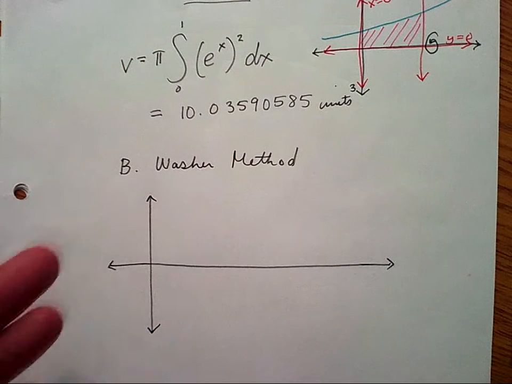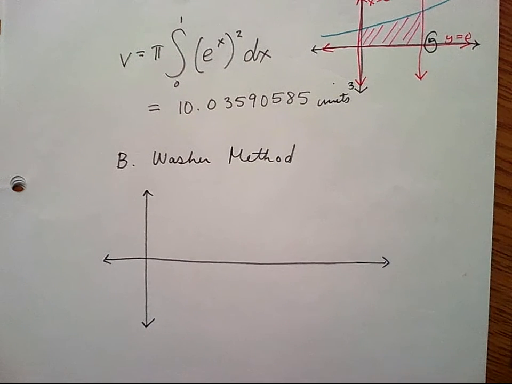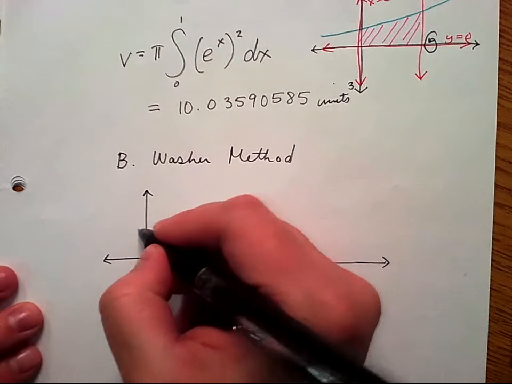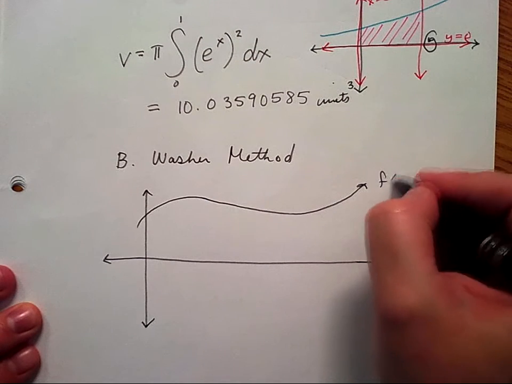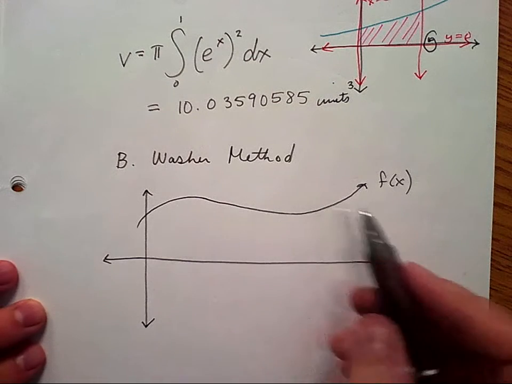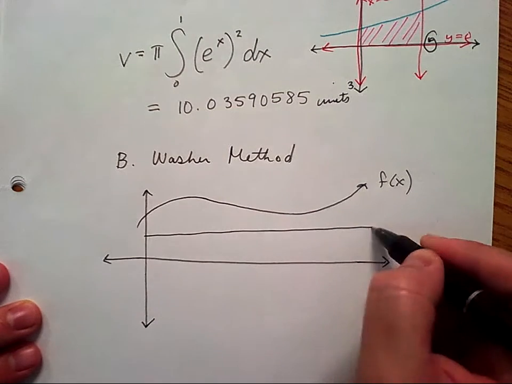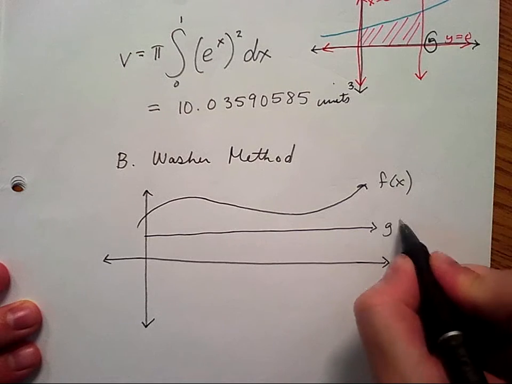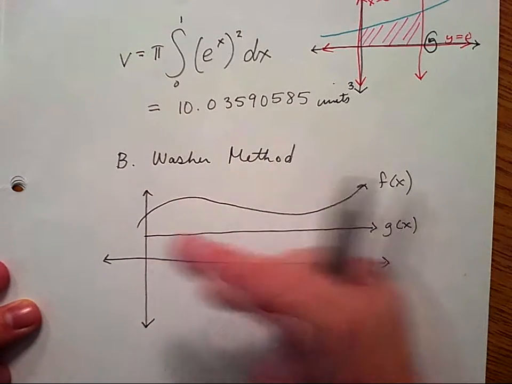So really, this is just memorizing a formula, right? Pi r squared h, but you guys know that. Okay, let me draw something else. So here I have my same f of x. Let's say I have some g of x. And I want to rotate this solid around, right?